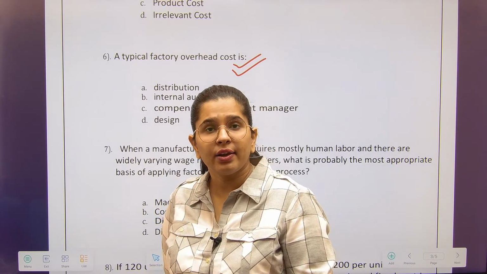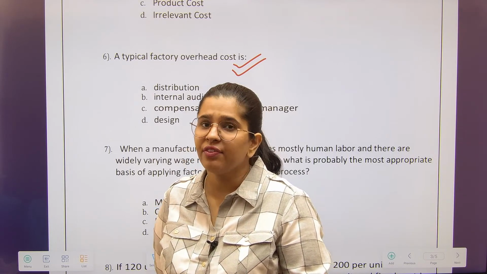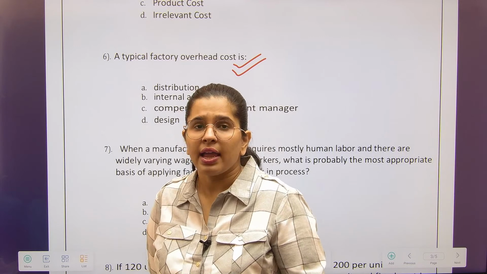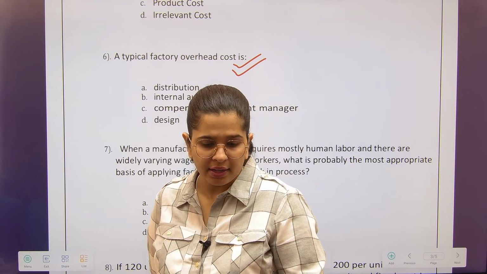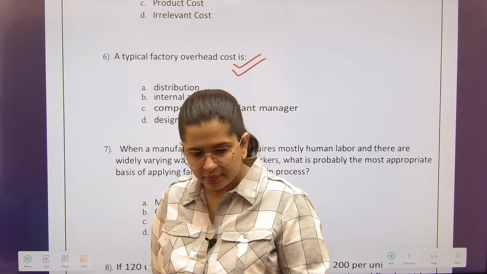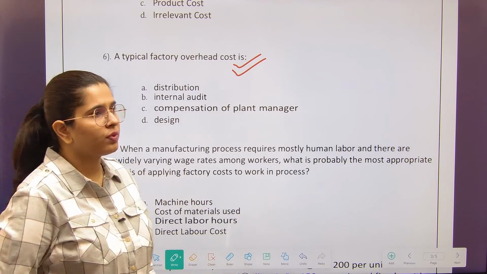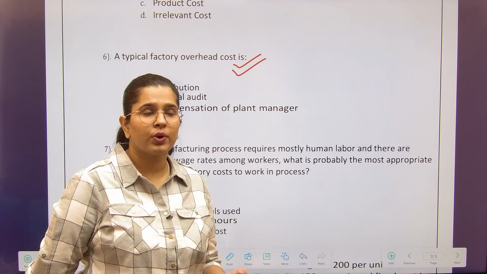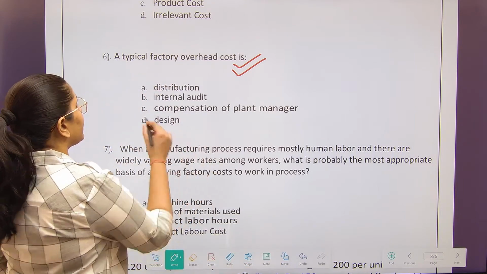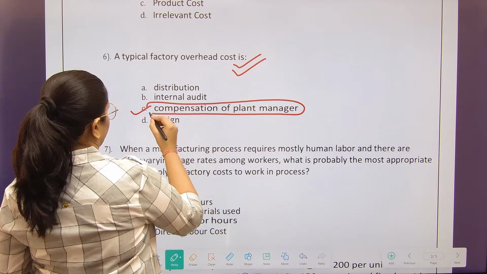Then your calculation and your valuation of stock can get hampered if you are not aware of which classification you should put internal audit in, right? So please do that also: whatever type of cost you are covering, cover it along with examples so you can easily differentiate. The correct answer over here is compensation of plant manager.